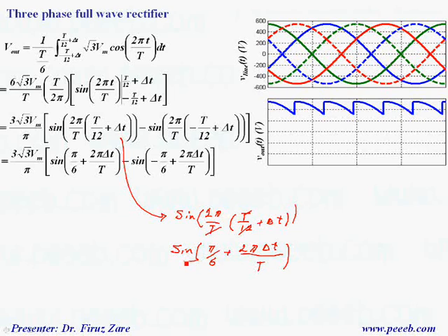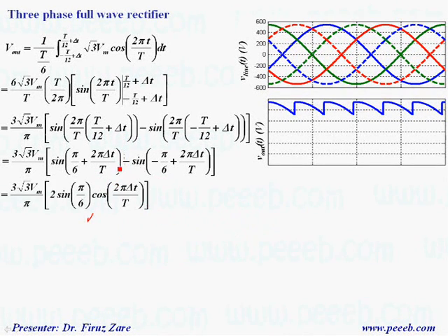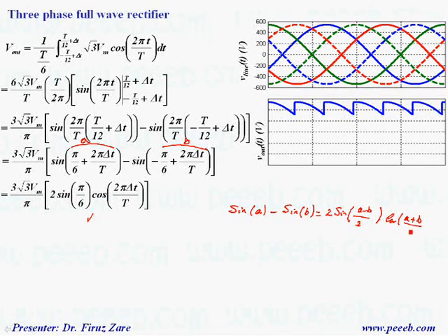So here you can see that we have this term, similar for the next sine. Again, we can simplify this equation. If this term is a and this term is b, then sine a minus sine b equals 2 sine of (a minus b) over 2 times cosine of (a plus b) over 2.